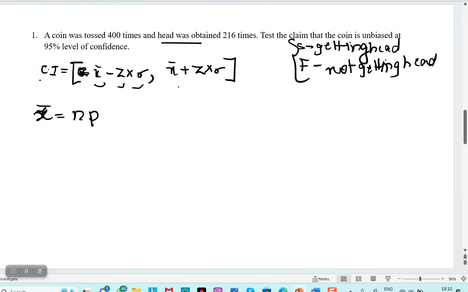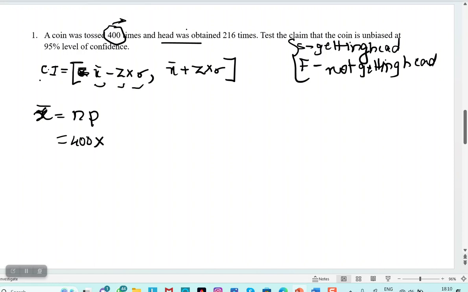Once this is defined, we move on to the confidence interval part: x bar minus z into sigma, comma, x bar plus z into sigma. Three things we don't know: x bar, z, sigma. X bar is n into p. N is the number of times the experiment is repeated, which is 400.